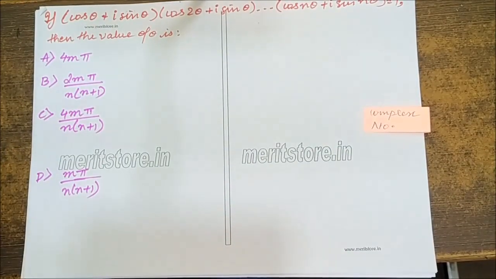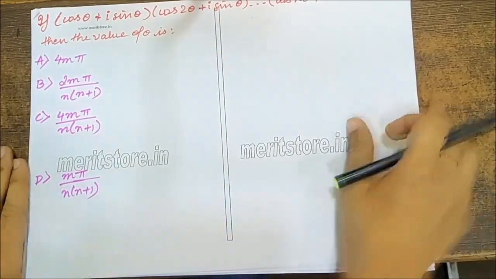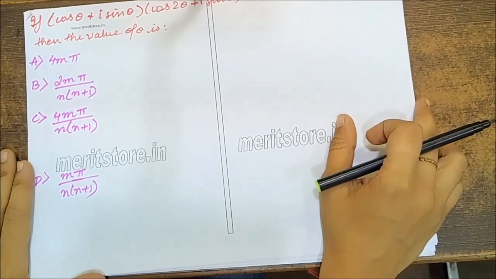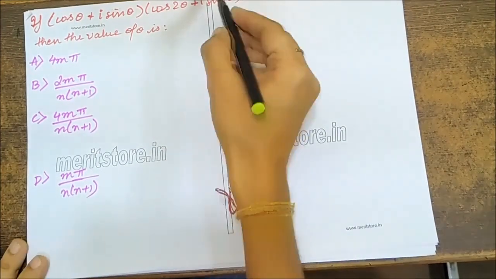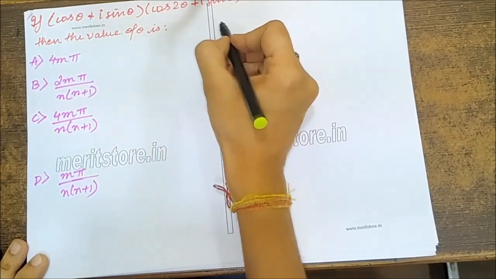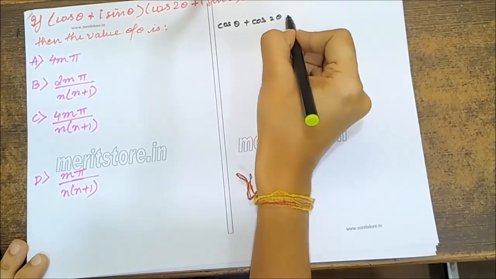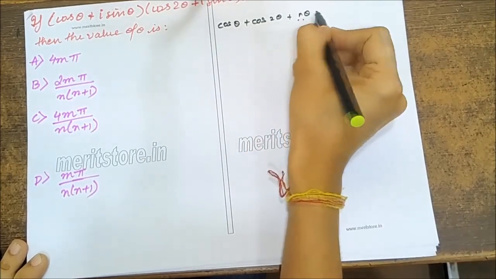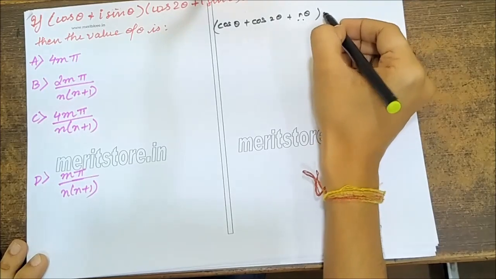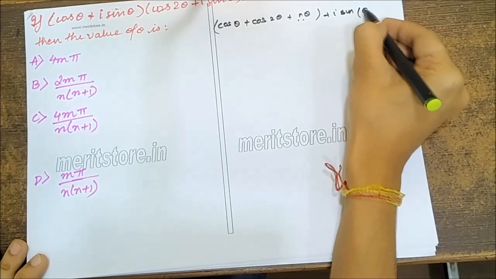If cos theta plus i sin theta, into cos 2 theta plus i sin 2 theta, till the extent of cos n theta plus i sin n theta is equal to 1, then the value of theta is, so I am splitting directly the real part and the imaginary part.